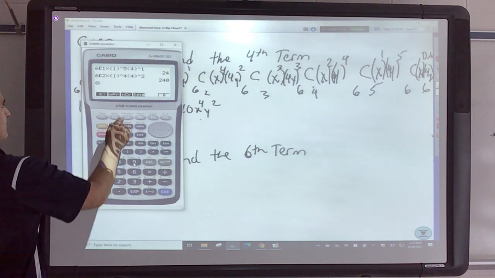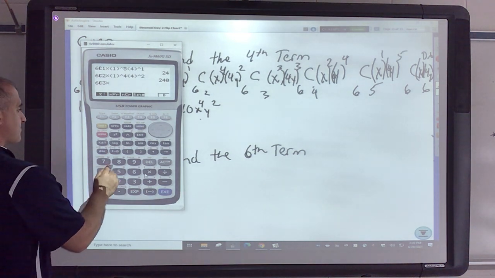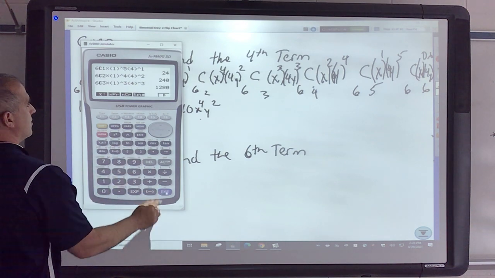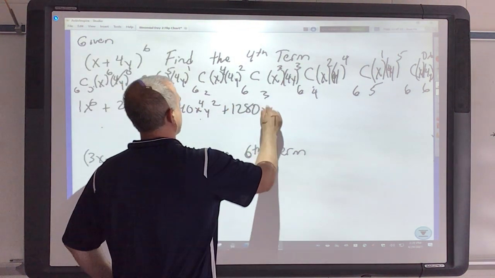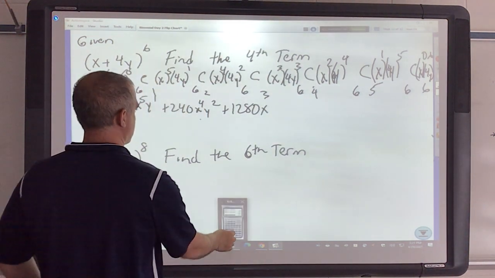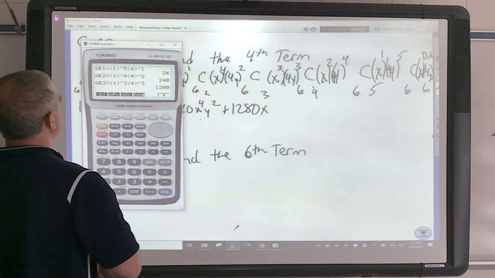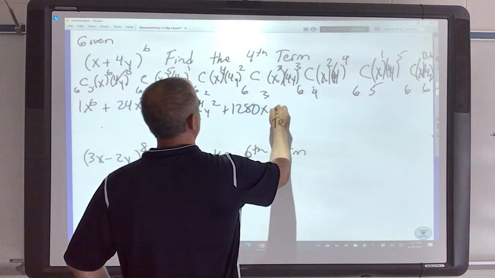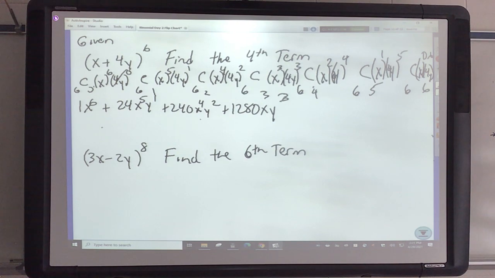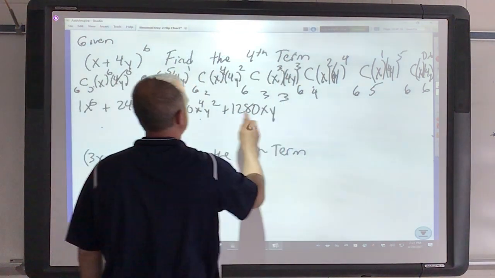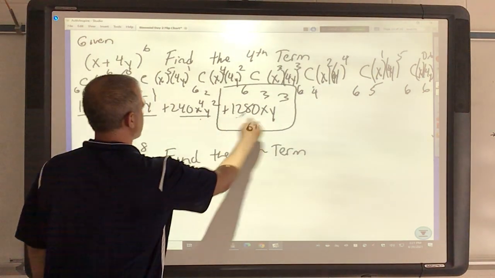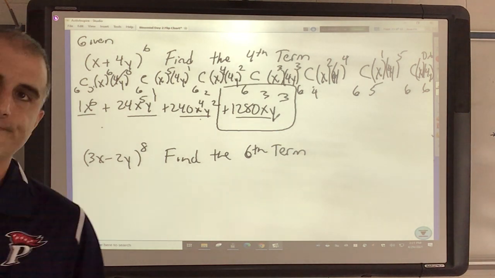Then 6 choose 3 times 1 to the 3rd, 4 to the 3rd, 1280 x to the 3rd, y to the 3rd. Now, somebody's asked, Mr. Evans, why'd you stop there? Because they only said to find the 4th term. So I only got to go 1 term, 2 terms, 3 terms, 4 terms. I don't have to go the whole thing.